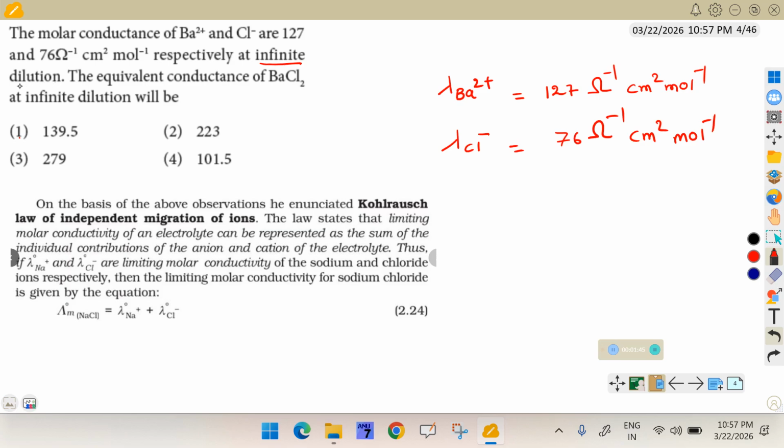At infinite dilution is given, so use Kohlrausch law formula.